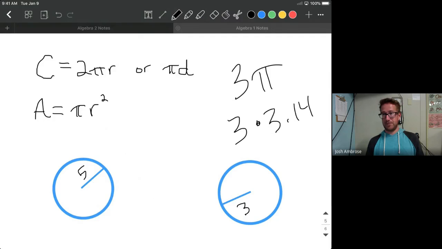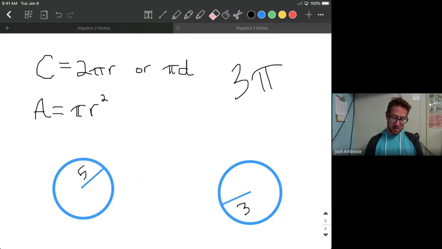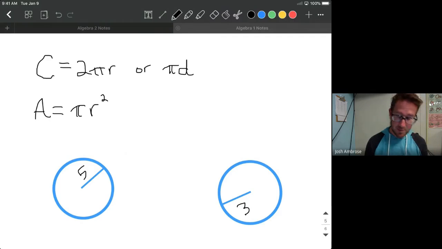No, you don't. Because what I'm telling you to do is keep your answers in terms of pi. So that means that when you get down to having 3 pi, you're done. Your answer would be 3 pi. So you're not going to have to do 3 multiplied by 3.14. You just leave it as 3 pi. You're going to see what I mean a little bit more based upon some of the problems that we do here.